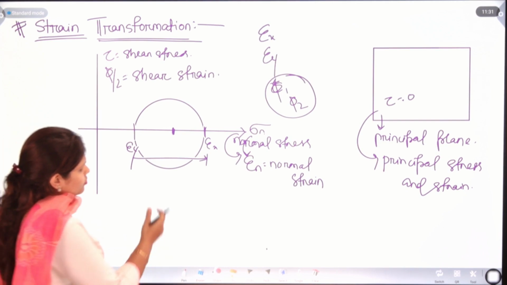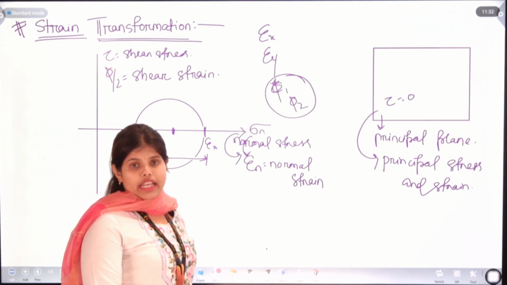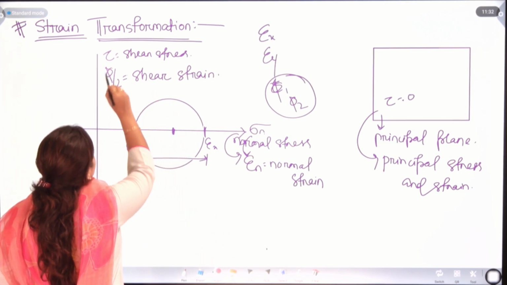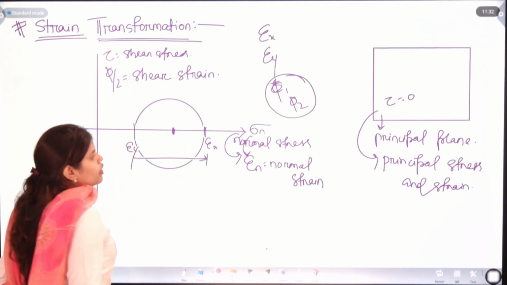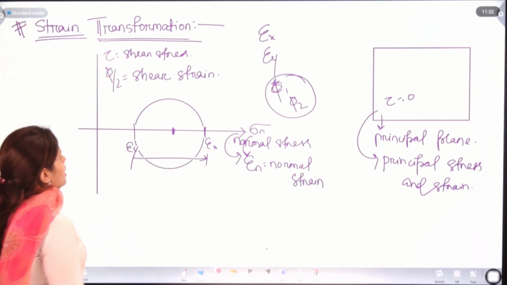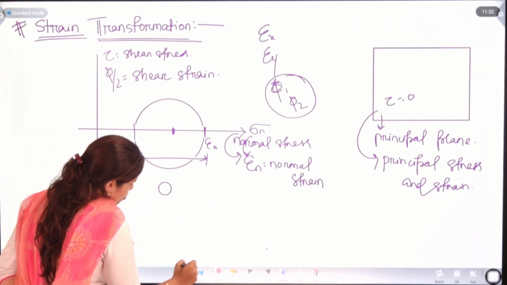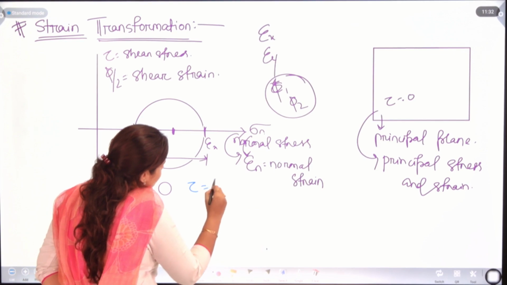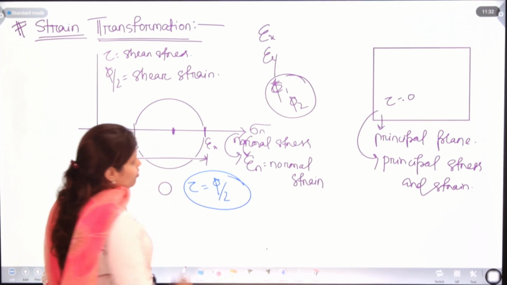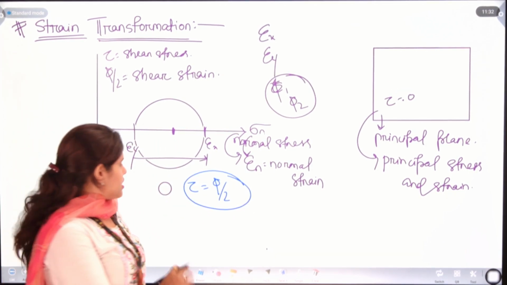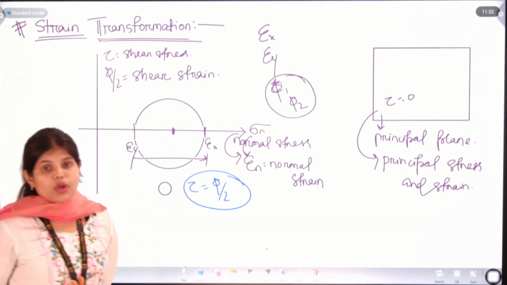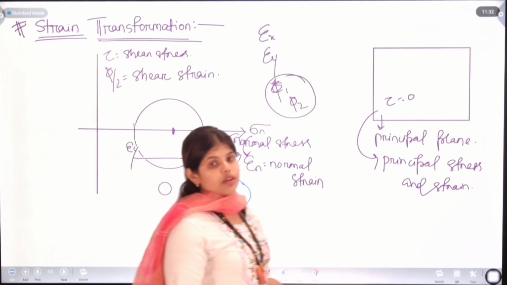It is a very similar process to finding normal stresses and shear stress, and the only change is that tau is equal to phi upon 2. So, now we know how to find strain.